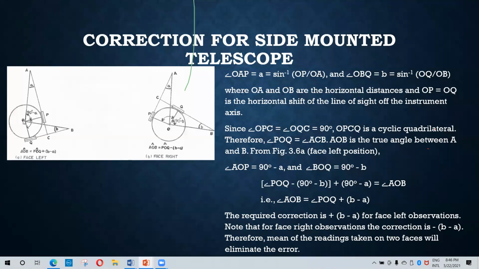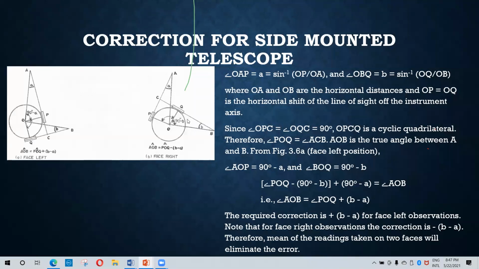That means this radius is normal to its tangents, so these are 90-degree angles, right? So you can simply calculate the angle A and angle B with trigonometry, right? So angle A is equal to sine inverse OP over OA, and angle B is equal to sine inverse OQ over OB.